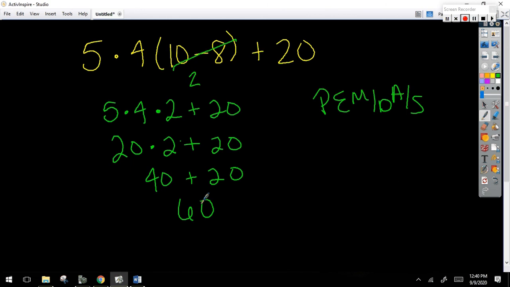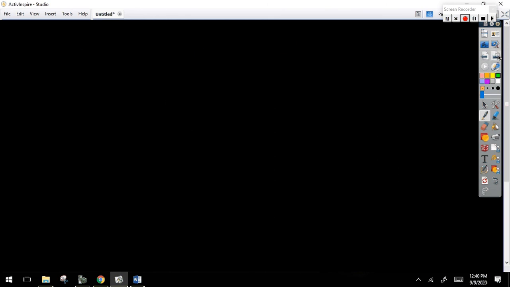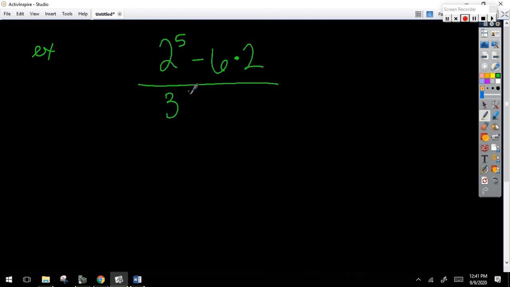Okay, let's kick it up a notch. And then I'm going to kick it up an even bigger notch. This is an example: 2 to the 5th minus 6 times 2, over 3 to the third minus 5 times 3 minus 2. Tell me what you think.